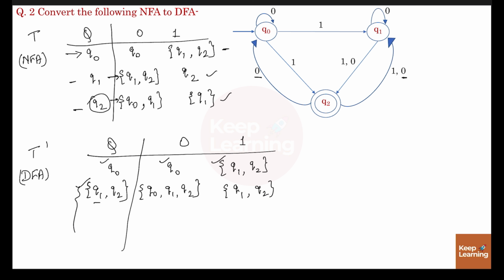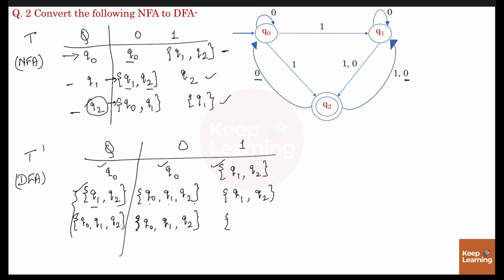Now next new state is q0 q1 q2. So transition of 0 from q0, q1, q2 is on q0 q1 q2, and by taking 1 you can reach either q1 or q2, q1 q2.